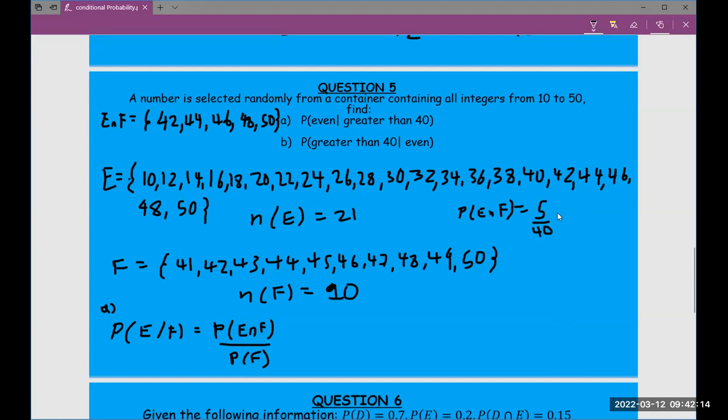Very good. 5 out of the total. 5 out of 40. Very good. That's correct. Now part B now.